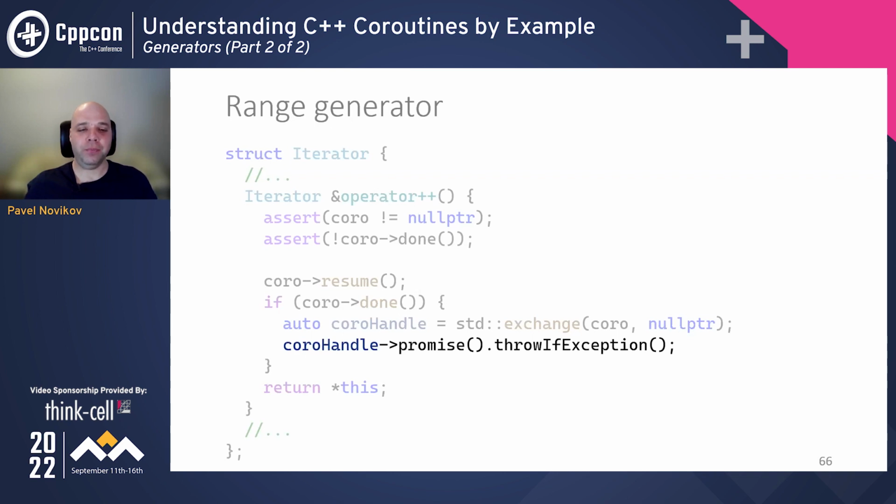And since all the resources are preserved, we can access the promise inside the coroutine handle, the coroutine frame. And we can check if there was an exception and throw it.